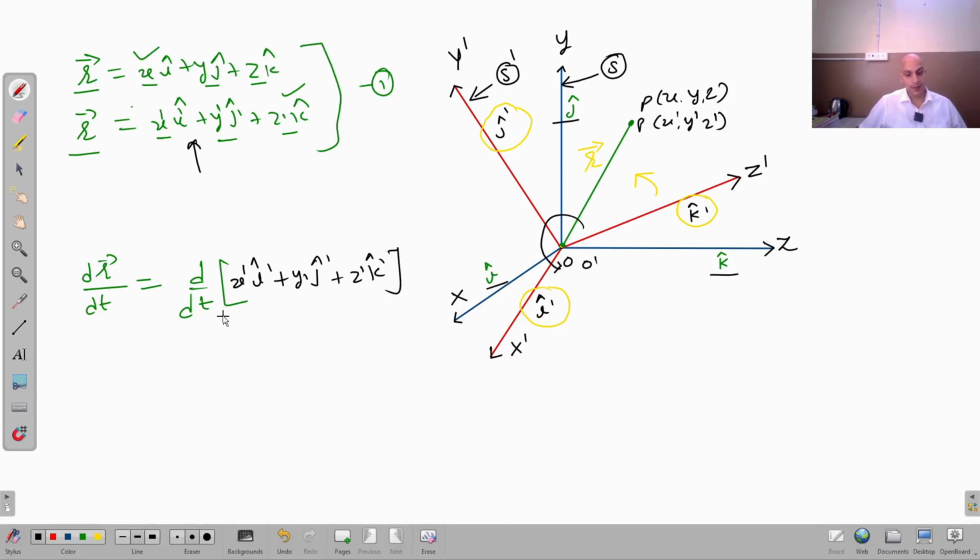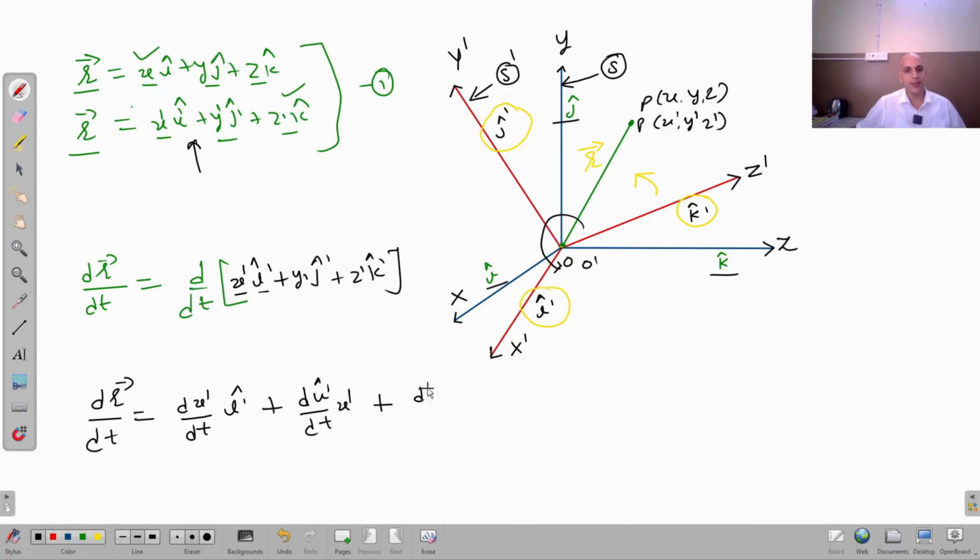Now as both i dash and x dash are variable, I told you, we will have to apply the product rule of differentiation. dR upon dt will be equal to dx dash upon dt times i dash, plus di dash upon dt times x dash. This is the differentiation according to the product rule.